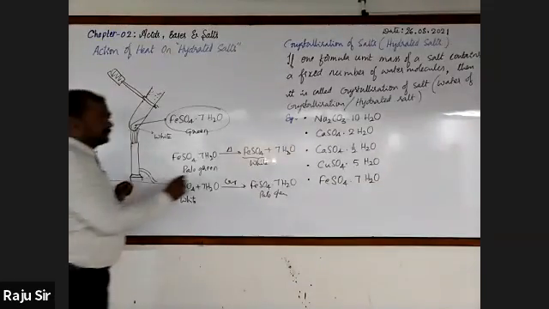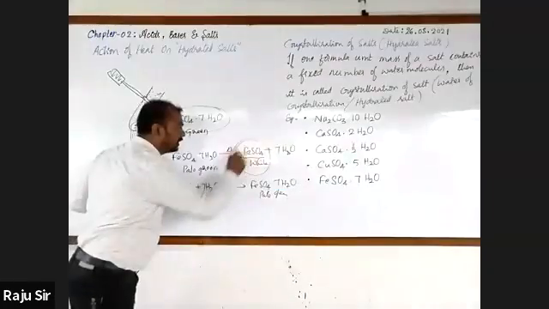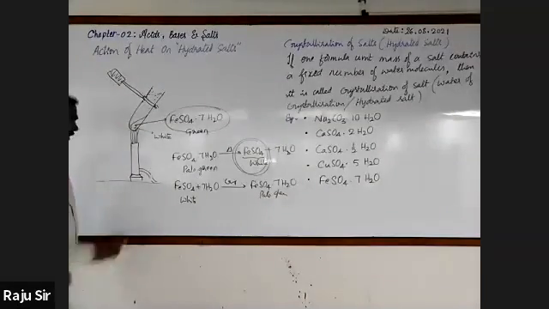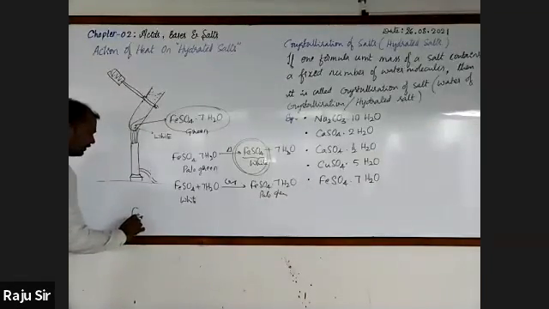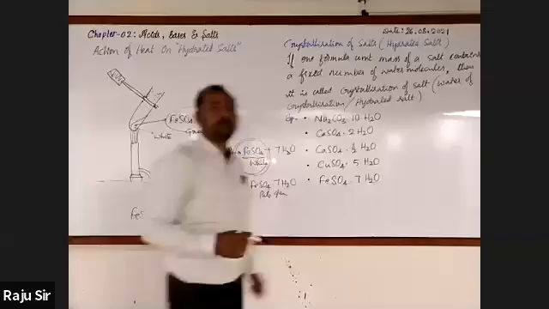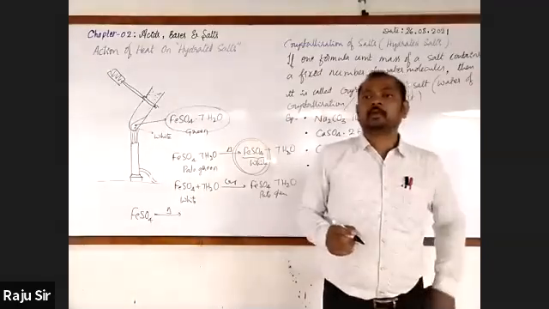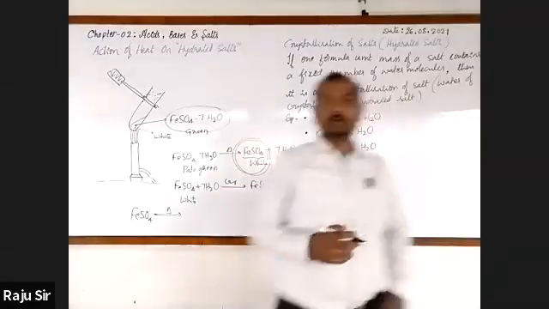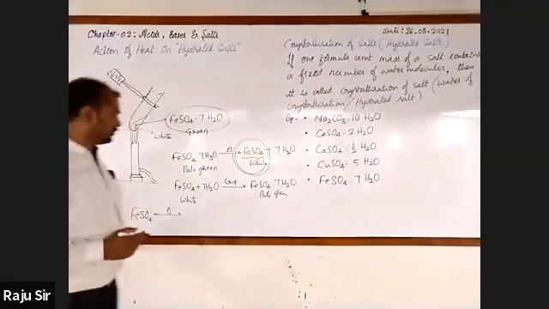Suppose you get iron sulfate after providing heat. When that heat is given continuously, what happens? When heat is given, it decomposes into ferric oxide, sulfur dioxide, and sulfur trioxide.